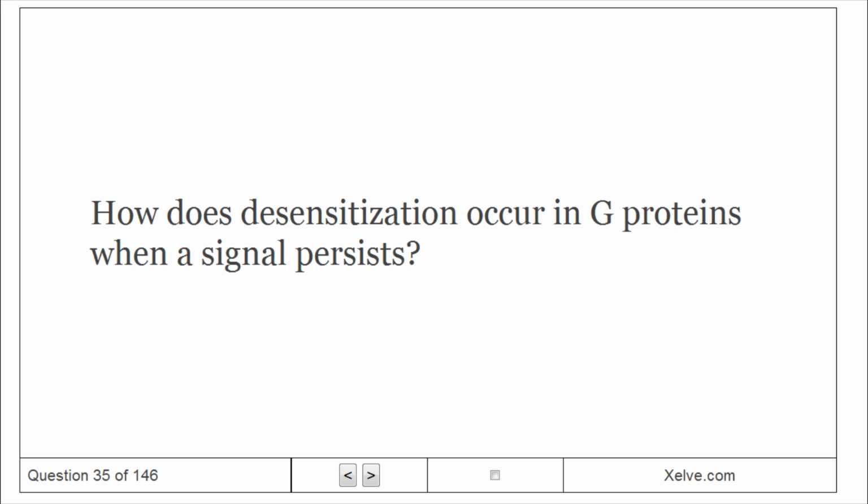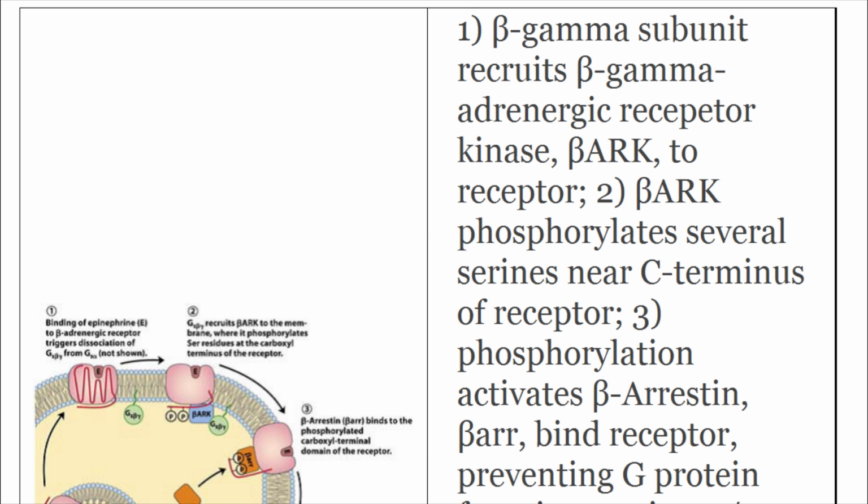How does desensitization occur in G proteins when a signal persists? 1. The beta-gamma subunit recruits beta-adrenergic receptor kinase, beta-ARK, to the receptor. 2. Beta-ARK phosphorylates several serines near the C-terminus of the receptor. 3.